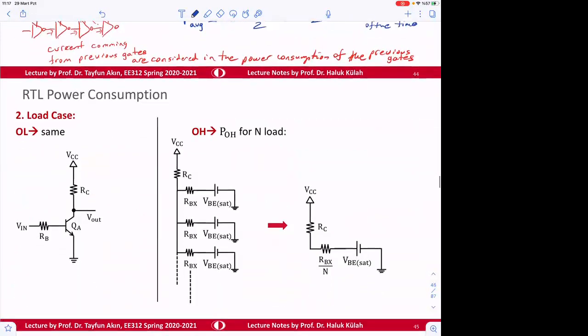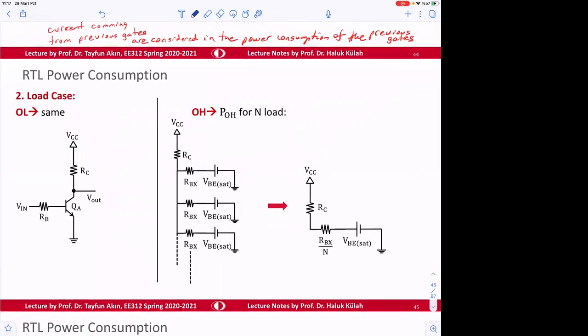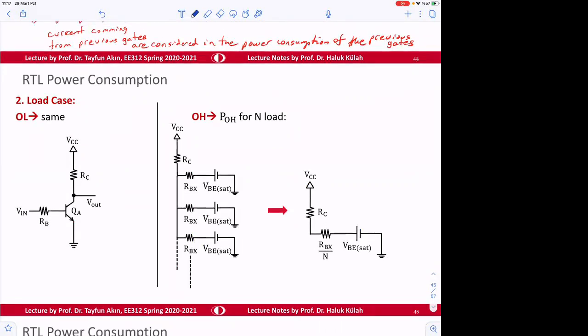If we have more gates, like we don't know, AND gates, it's driving AND gates, then we need to calculate for output low case, it's the same. Okay, because no current is coming here. This is 0.2 volts, and then I in prime times N is equal to 0.